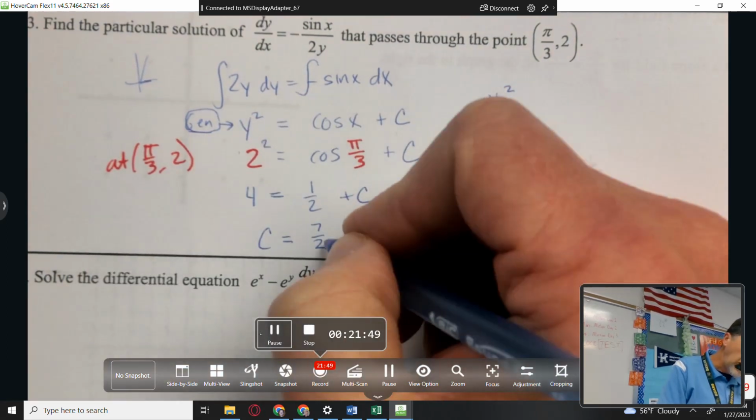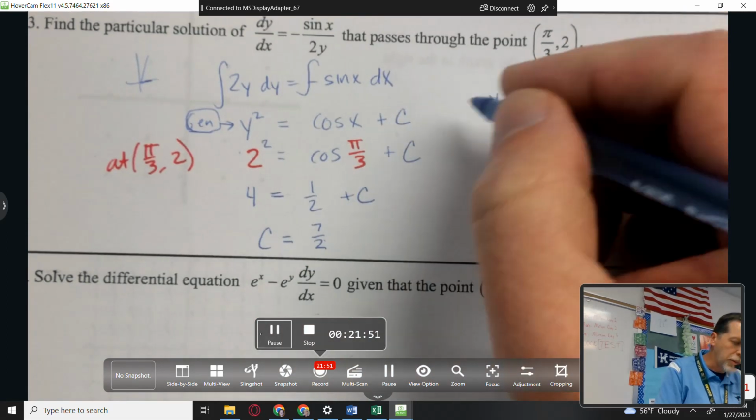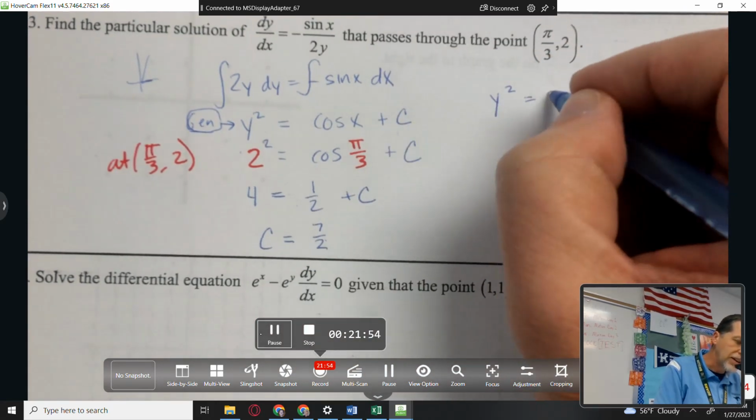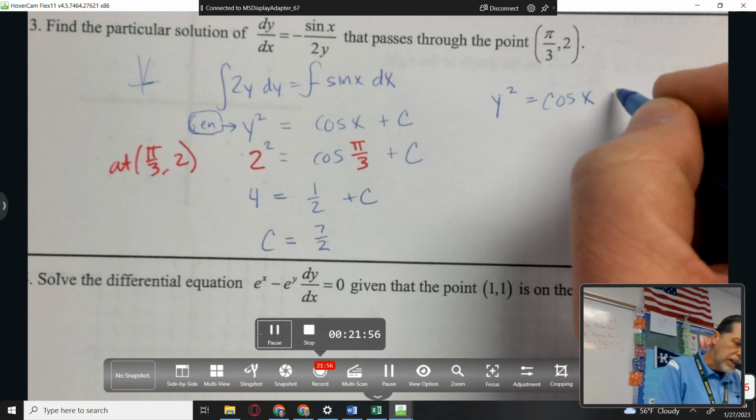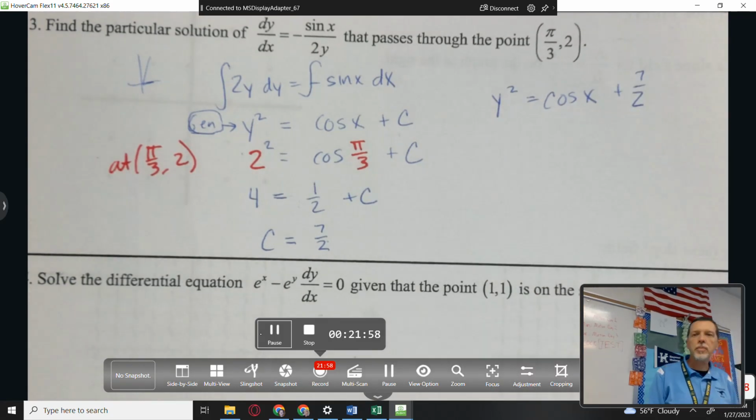Remember this was our general solution after we integrate. Now we know 7/2. I guess we're not going to know our particular solution yet because we're going to have that plus or minus thing on there. y squared equals cosine x plus 7/2. Square root both sides, but don't forget the plus or minus.